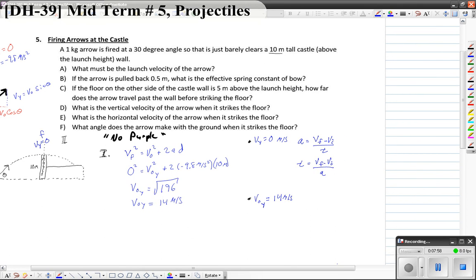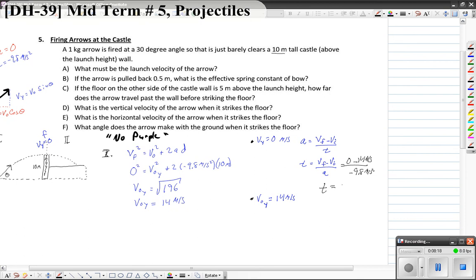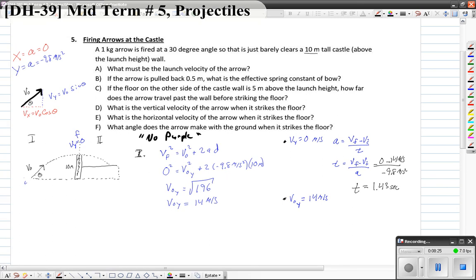And when I plug in the numbers here, Vf is 0, Vi was 14 meters per second, and the a, being on Earth, is negative 9.8 meters per second squared. And that's going to give us a time that is 1.43 seconds. So the time that it takes the arrow to go from launch to the top of the wall is 1.43 seconds to just barely make it up there.